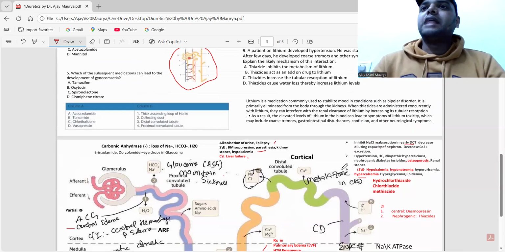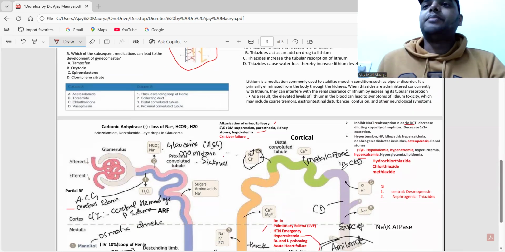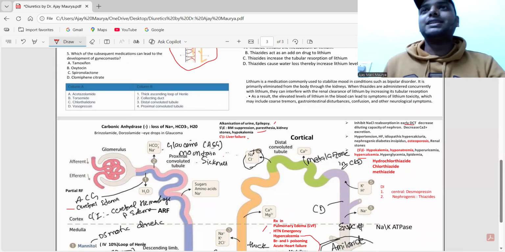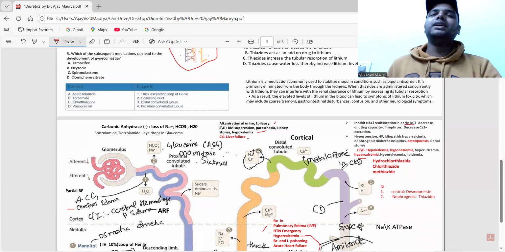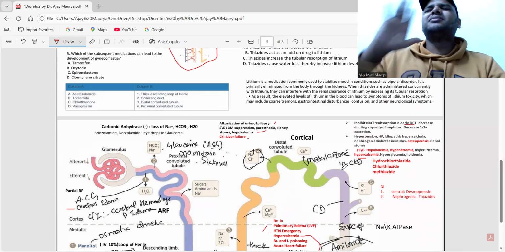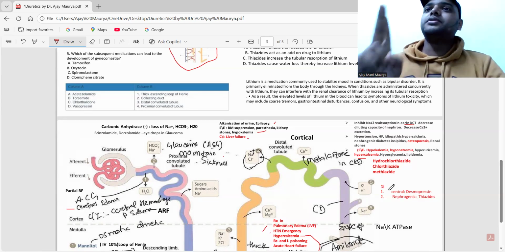Now remember, thiazides are the drug of choice for hypertension. If they don't give any comorbidities and simply ask what is the drug of choice for hypertension, just mark thiazides. It is also used for the treatment of nephrogenic diabetes insipidus. Diabetes insipidus has two types: central and nephrogenic.